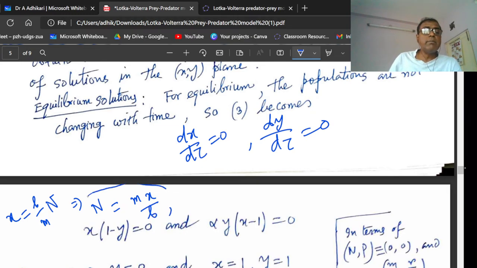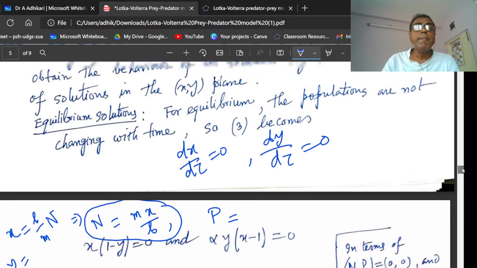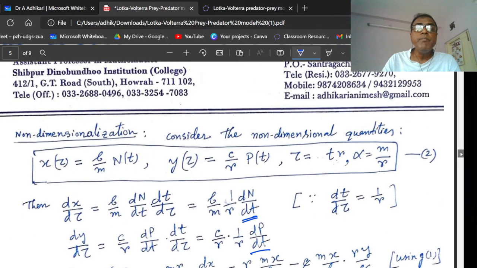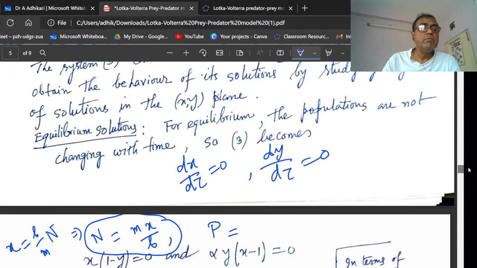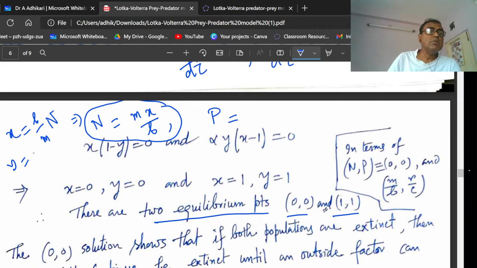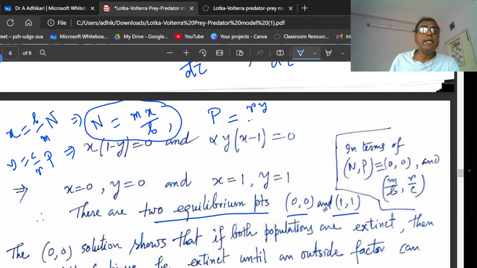And since y equals c by r into p, from this p equals r into y by c. So when x equals 0 and y equals 0, then n equals 0 and p equals 0.